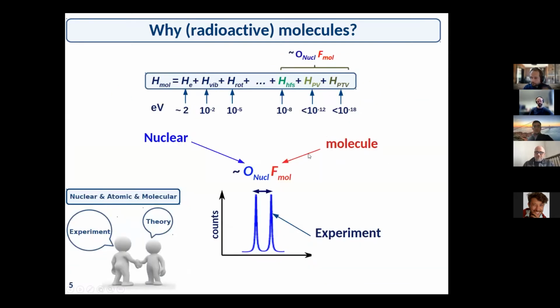So experimentally, what it means is that I'm trying to measure these terms that are very small, but they appear as a product between a nuclear parameter and a molecular parameter. So all the time I'm trying to find the right nucleus that maximizes this phenomenon, the right molecules that maximize this factor.